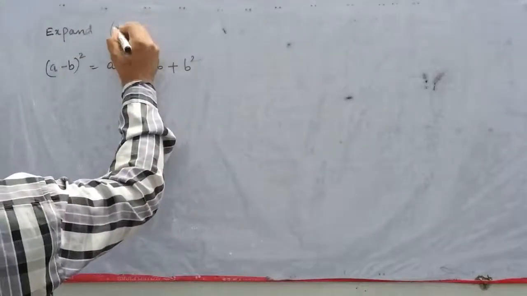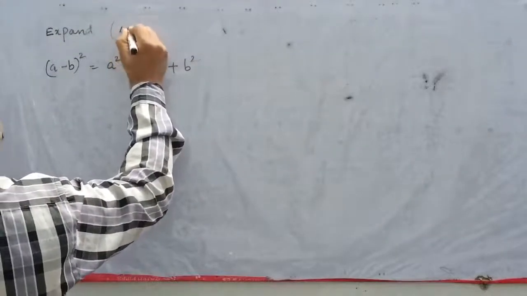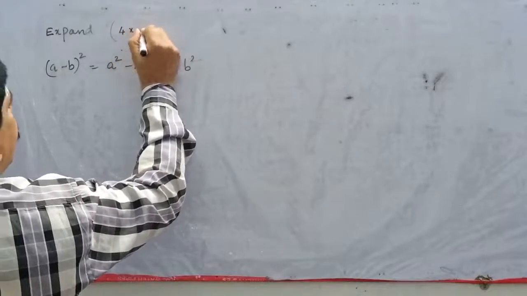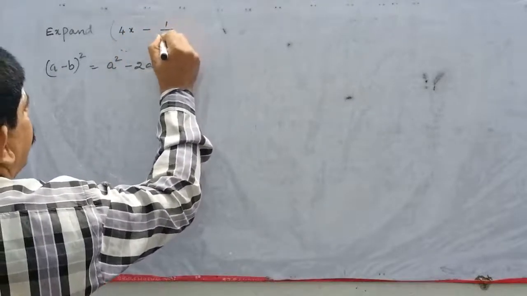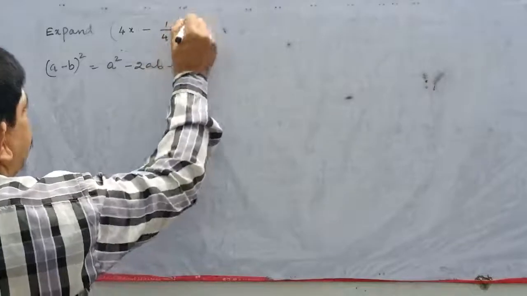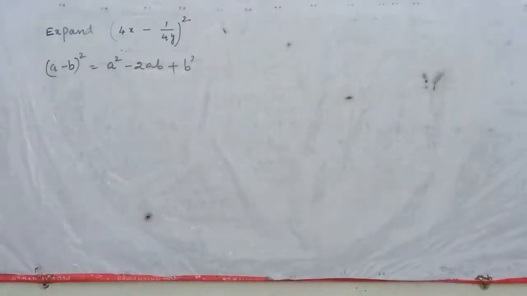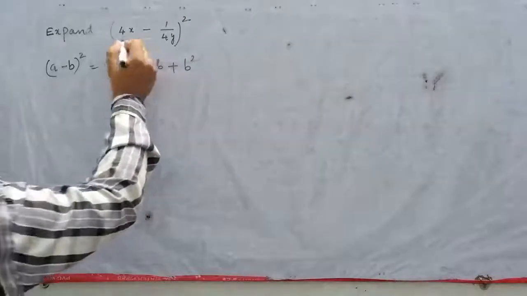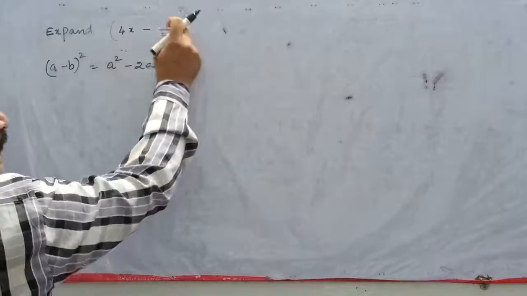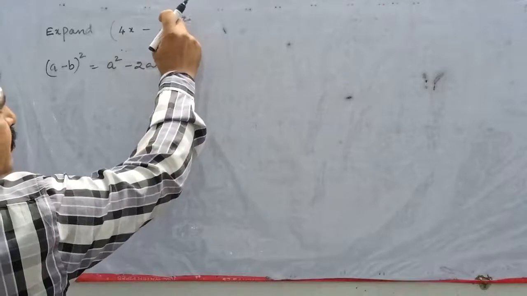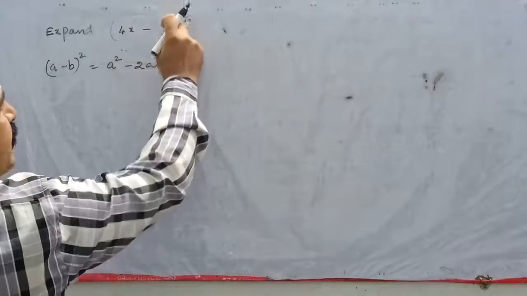Expand (4x minus 1 by 4y) whole square. Now the first term is a and the second term is b, that is 1 by 4y.